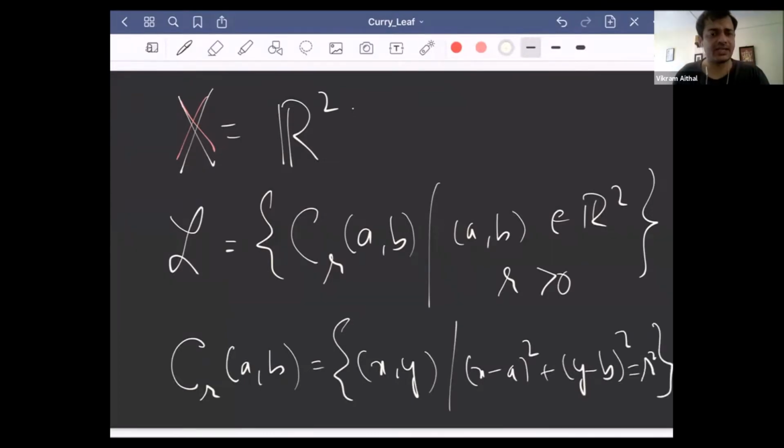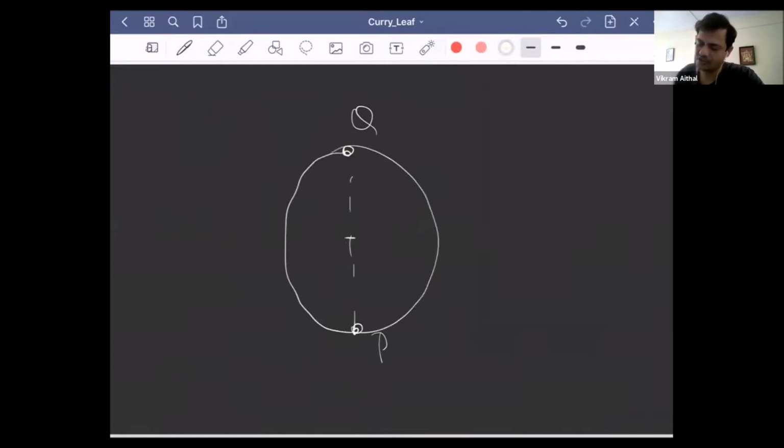So let's see, does this satisfy the first axiom? Given any 2 points, can I draw a circle joining those 2 points? So if I have P and Q, of course I can draw a circle, right? How do I do that? I simply take the line joining these two, take the midpoint and draw a circle of that radius.